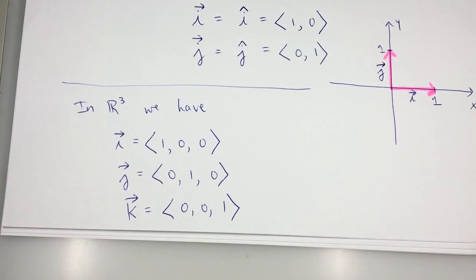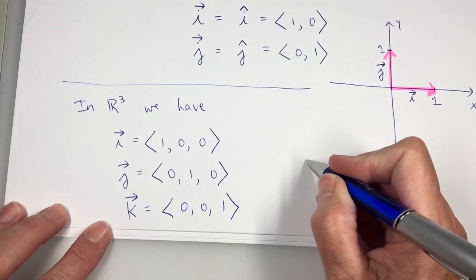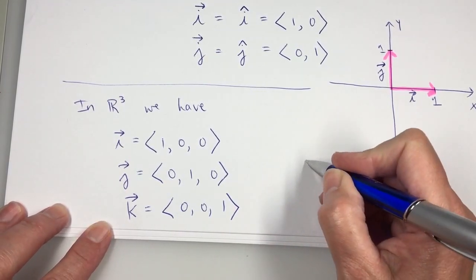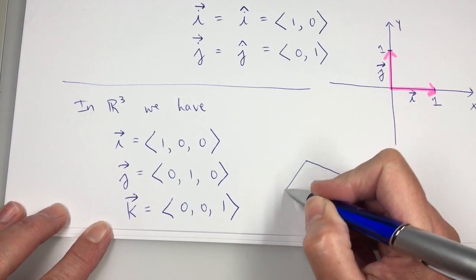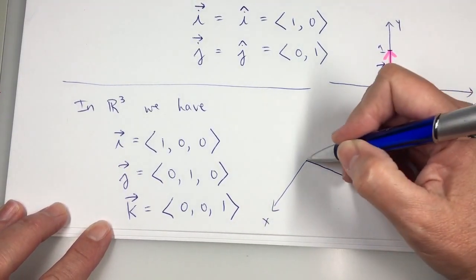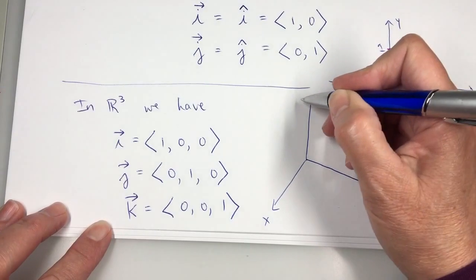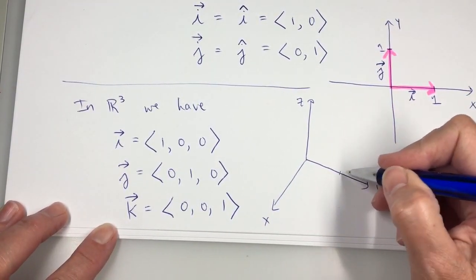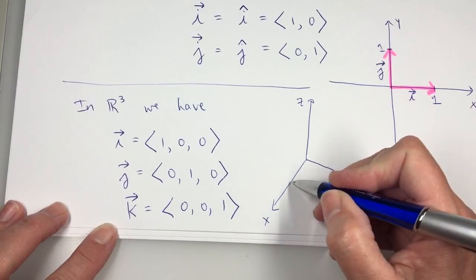And I'll go ahead and sketch these for you. So I'm going to have the y-axis kind of coming at an angle, and the x-axis as well. Z-axis going straight up. And I'll mark 1.